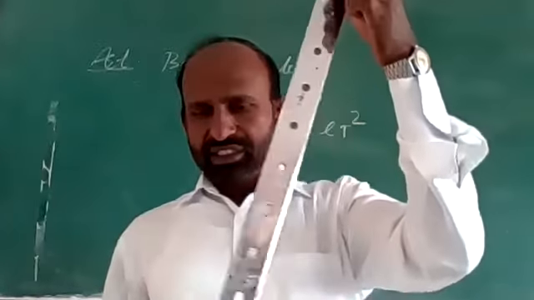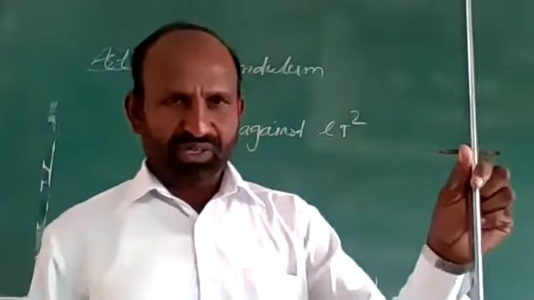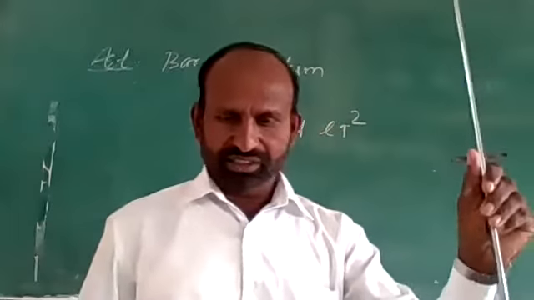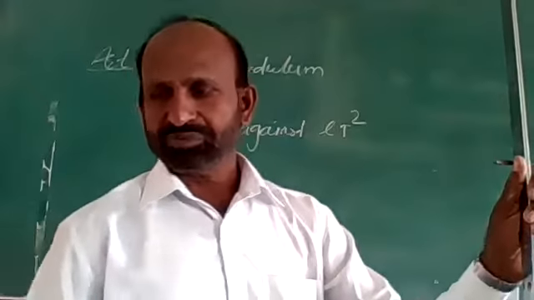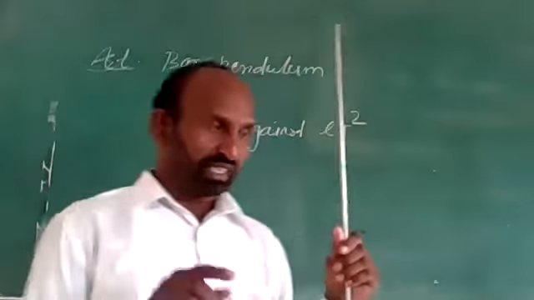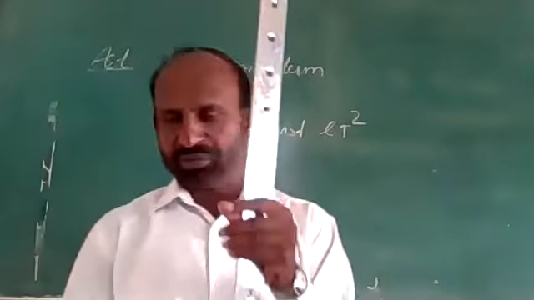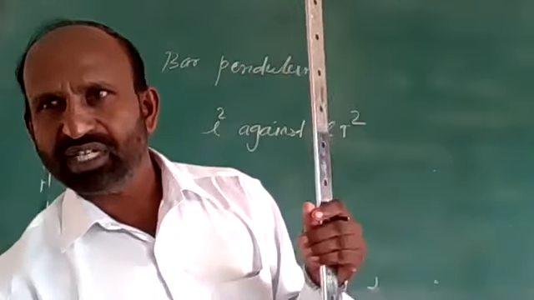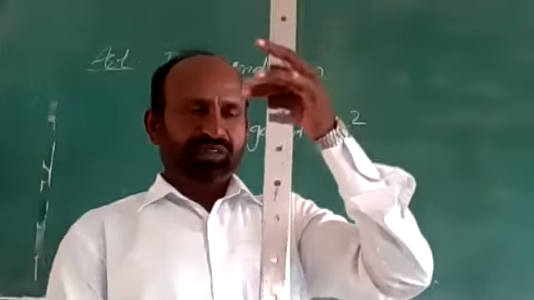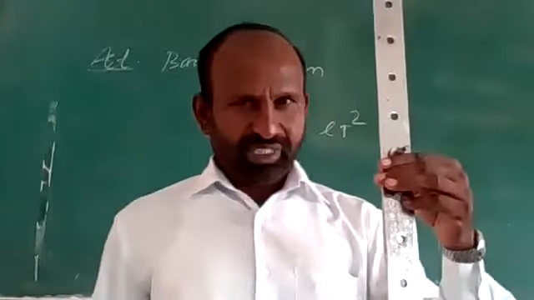We can measure its time for 10 oscillations or 20 oscillations or 50 oscillations, and from that we can calculate its period. Period is the time required for one oscillation. That is called period.